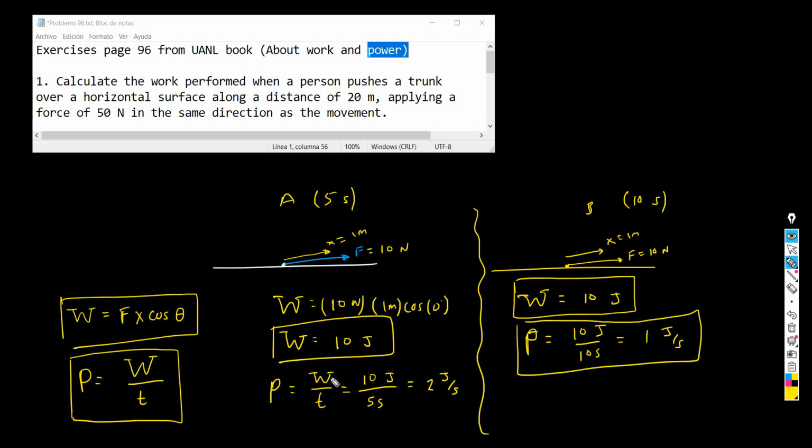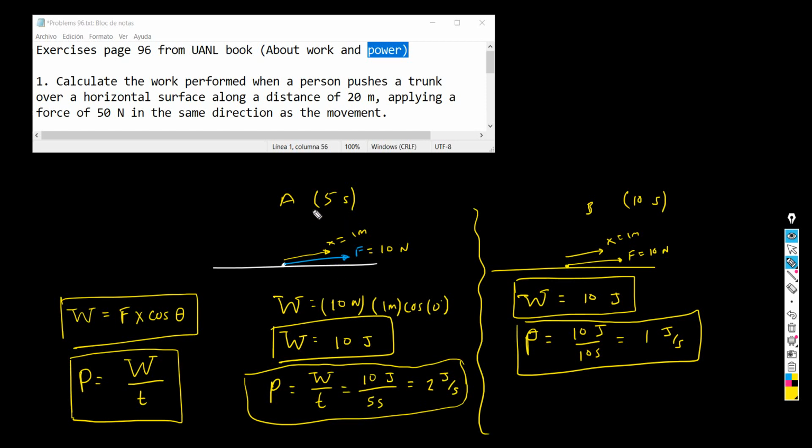So as you can see, guys, the only difference between both situations is the amount of power developed. This person develops 2 joules per second, and this other person develops 1 joule per second. So that's power, guys. It's just how fast we do work.